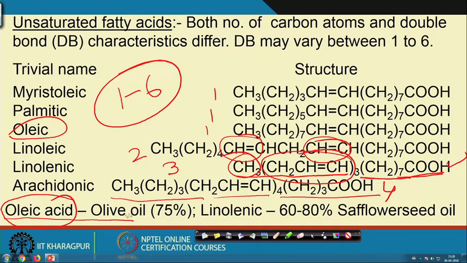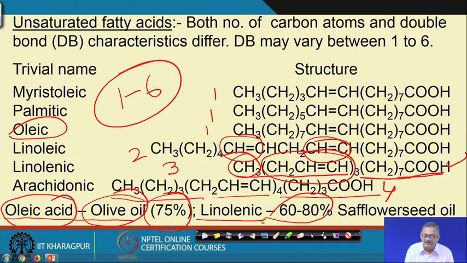Another piece of information I would like to share in this class is that oleic acid is available in olive oil. In olive oil around 75% is oleic acid, and around 60 to 80% linoleic acid is in safflower seed oil.